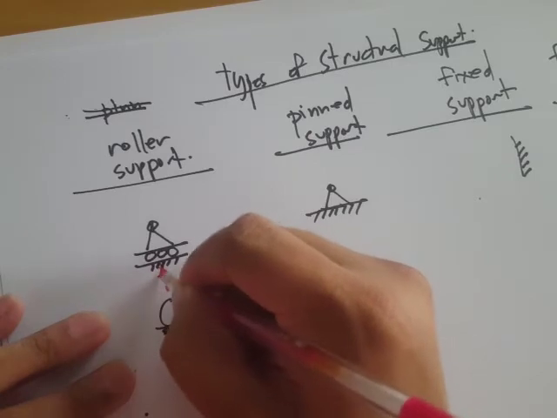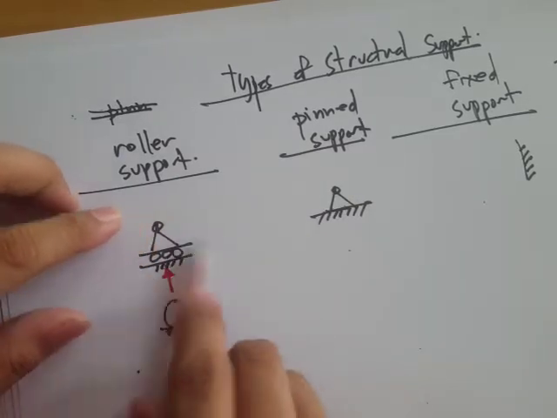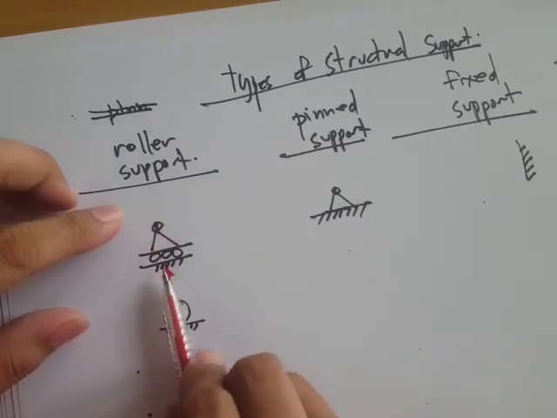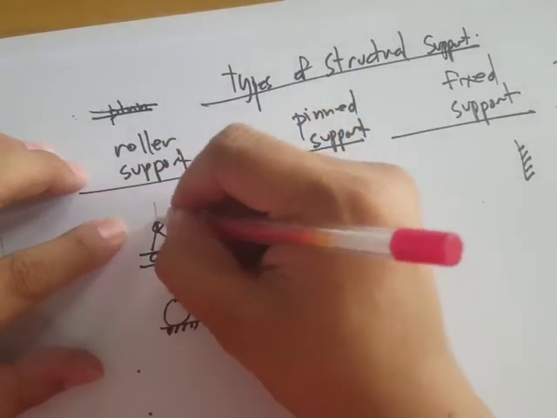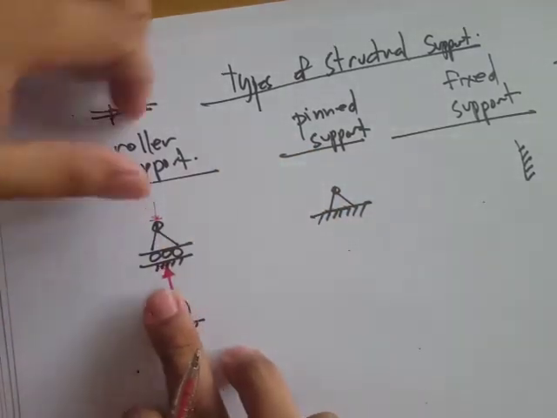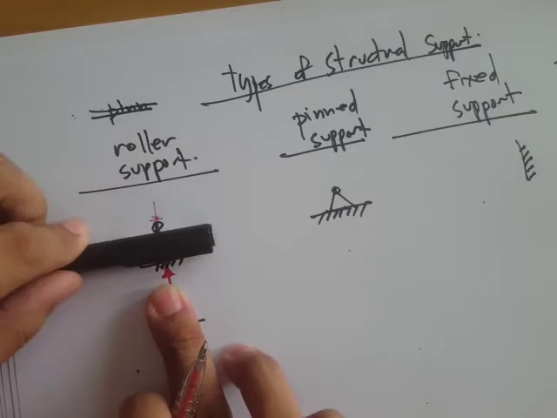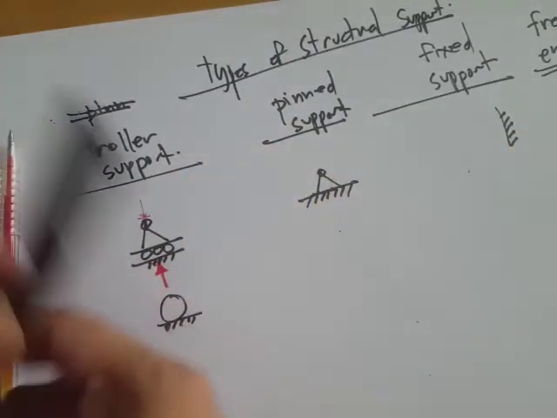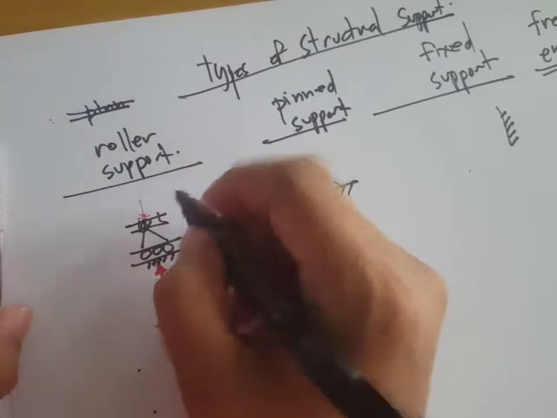Meaning if it has a support reaction in this direction, then it cannot go along the vertical, so it is constrained along the vertical. It is only free to move along the horizontal, but it is also free to rotate.